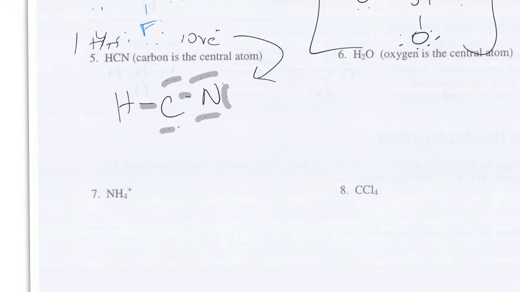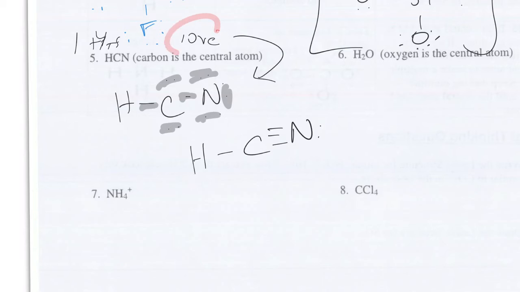And I just said that there were 2, 4, 6, 8, 10, 12, 14. Okay, you know what that means? I need 2 fewer electrons. I'm sorry, 2 more bonds. And if I count those up, they should add up to that 10 valence electrons. 2, 4, 6, 8, 10. Done.